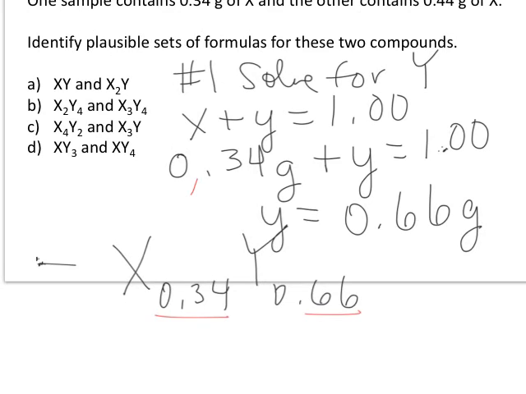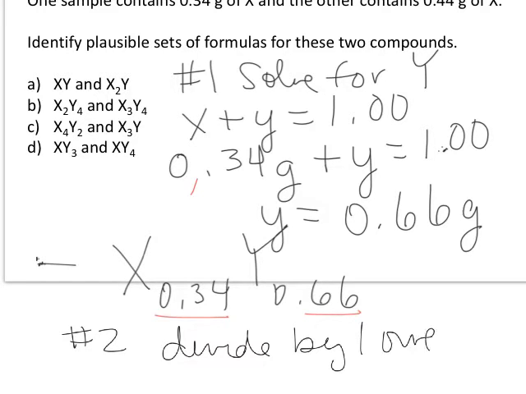Now, that should look awkward to you because you don't normally see fractions in the subscript area. So the second thing you're going to do is divide by the lowest subscript. So you're basically saying X 0.34 divided by 0.34, and then Y 0.66 divided by 0.34.